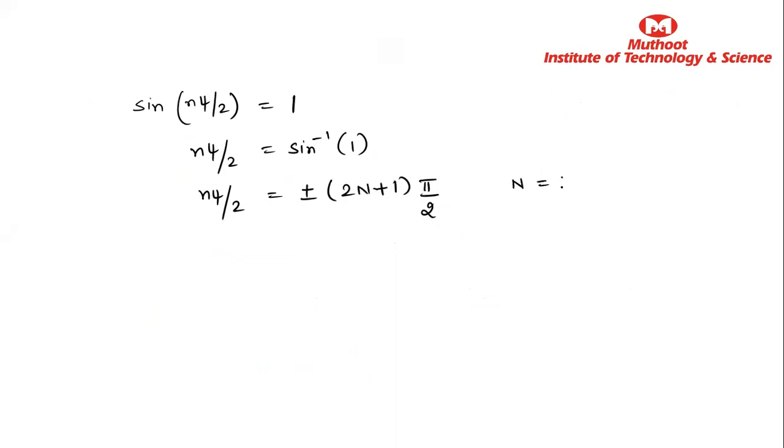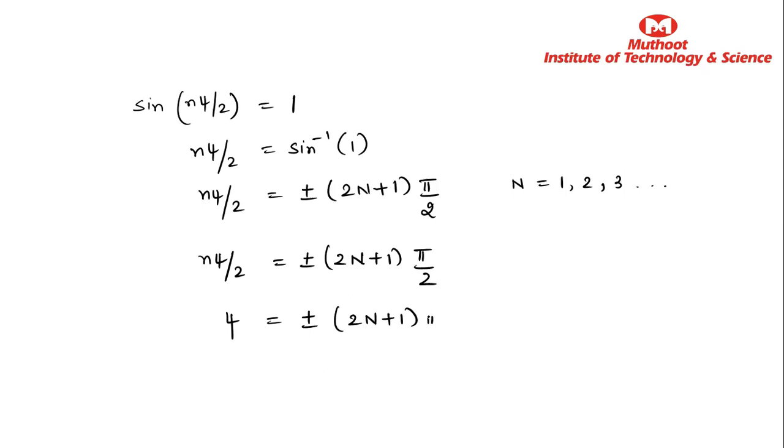Where capital N is nothing but 1, 2, 3, etc. So this is pure calculation part, nothing much about it, but you should know these calculations, because sometimes it's a 12 marks question, 15 marks question, because this is basically the design. So psi can be written as plus or minus 2N plus 1 pi by 2 into 2 upon n.